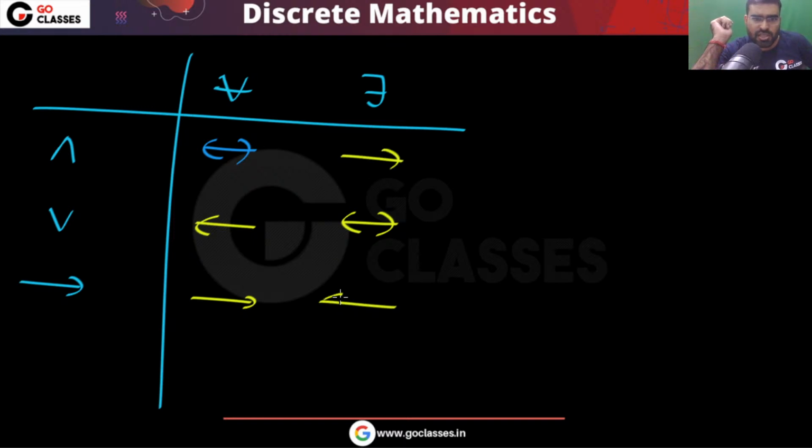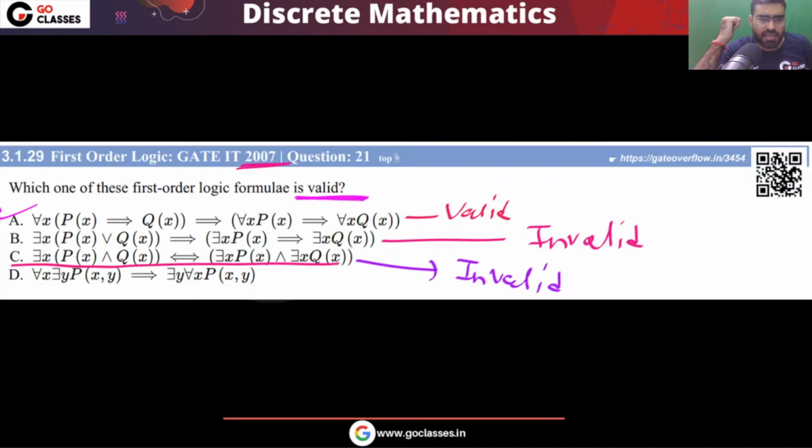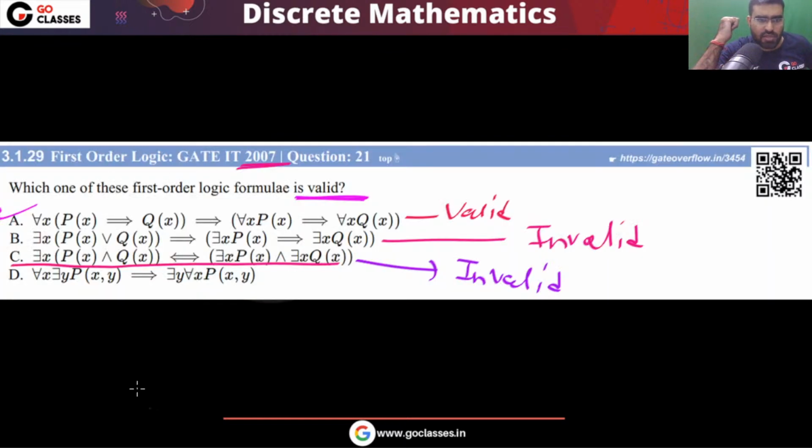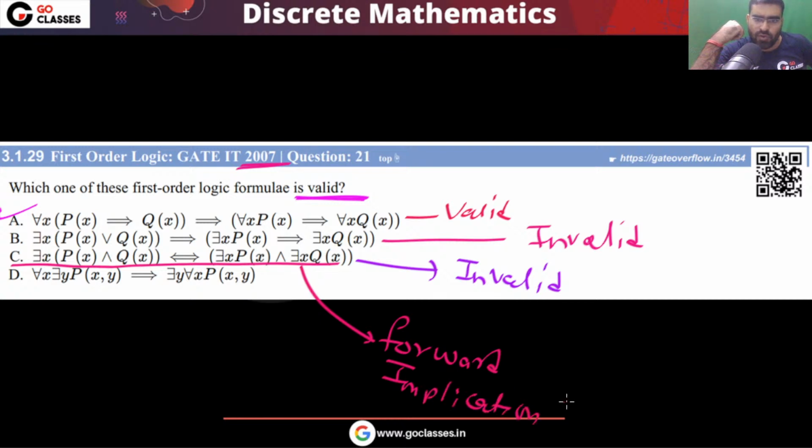Now you can easily see that in the case of existential quantifier, you are going from compact to expanded. So the forward implication will be correct. In this option C, the forward implication is valid. Remember this point. The backward implication is not valid, so this double implication is invalid.